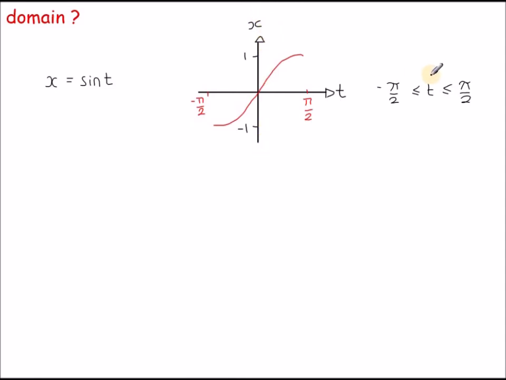Now t can take any value in this interval, so from minus pi over 2 to pi over 2, and in this interval we can see that the values of x can go from minus 1 to plus 1. So our x, or domain, is this.